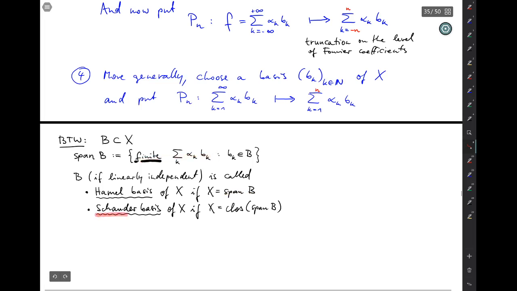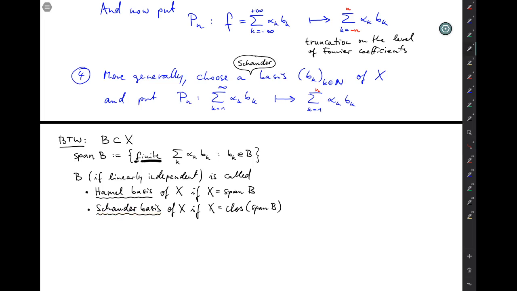Whereas if you have a Schauder basis, then every element of X can be approximated by finite linear combinations of little b's from B. So here we are talking about infinite sums, which means limits of sequences of finite sums. So when we say basis here, we clearly mean Schauder basis.